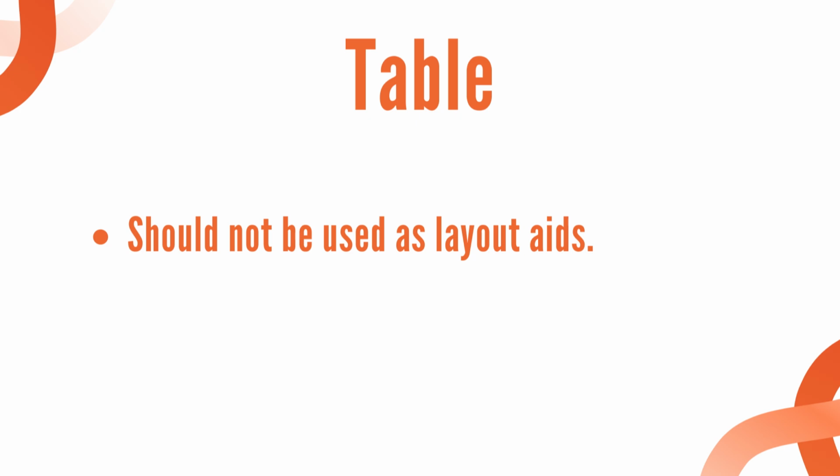Now, tables are usually recommended only for representing data and should not be used as layout aids. The reason for that is that screen readers and other tools find it very difficult to comprehend information from a table.